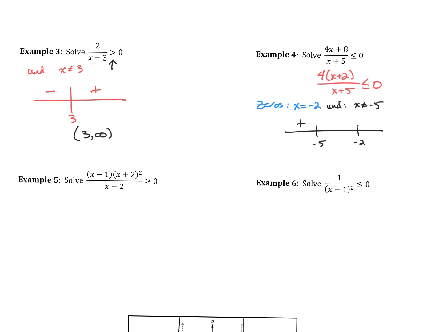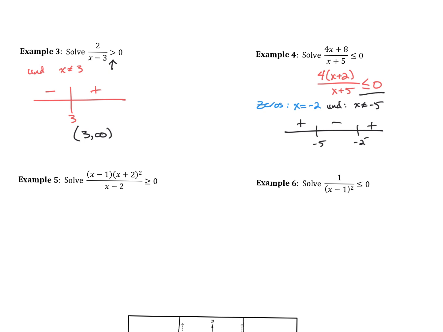How about in between -5 and -2? -4, great. What do I get up top? Negative over positive, so that's negative. And then to the right of -2, what can I use? 0. I love using 0. Then I get positive and positive, which makes it positive. Now, what am I trying to find?